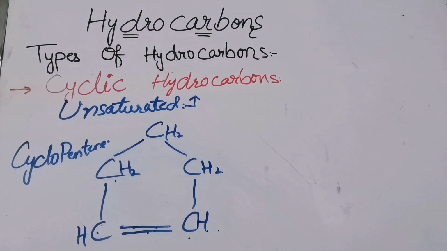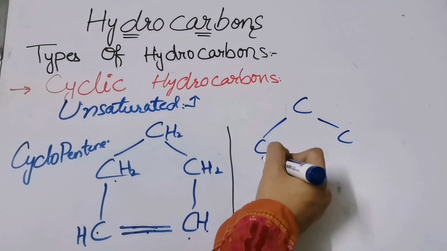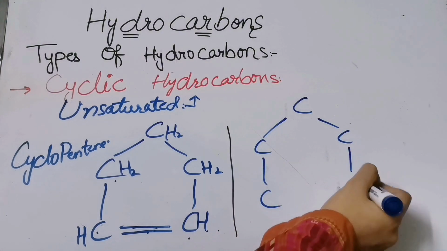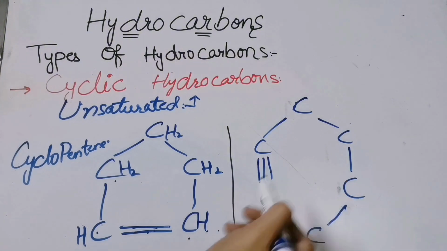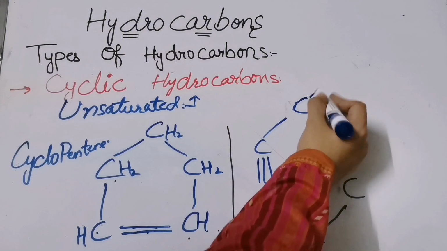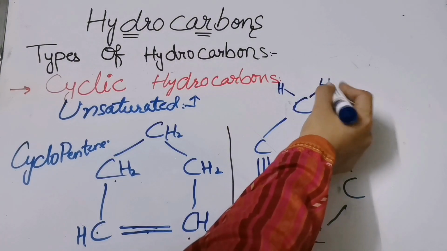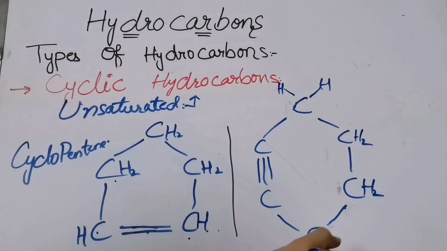Now let us see the other example. Here see. Let us draw the triple bonds first and then we will give the hydrogens to each. Now what will be its name?